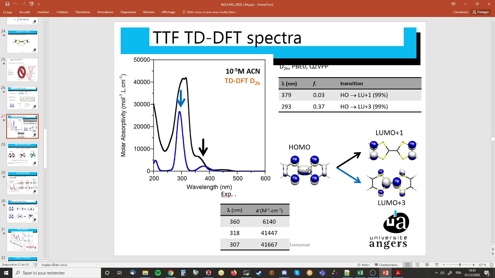The LUMO+1 is a carbon-carbon pi star with the outer carbons. And the most intense here, the blue transition, is a pi star with the central carbon-carbon bond.